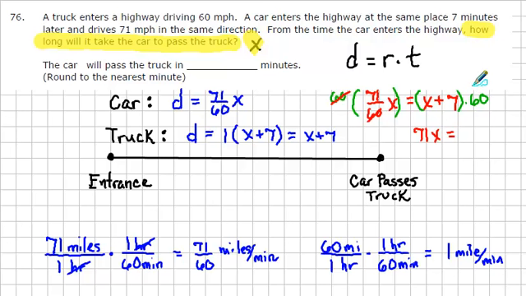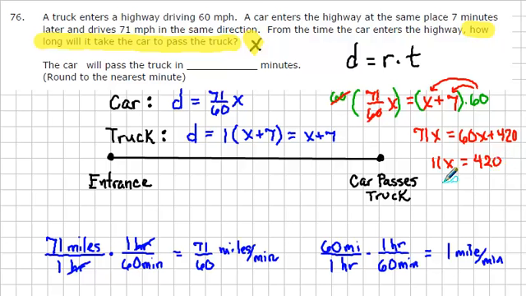On the right side, we use the distributive property. We multiply 60 by each term. 60 times x is 60x, and 60 times 7 is 420. Take away 60x from both sides to get 11x is equal to 420.